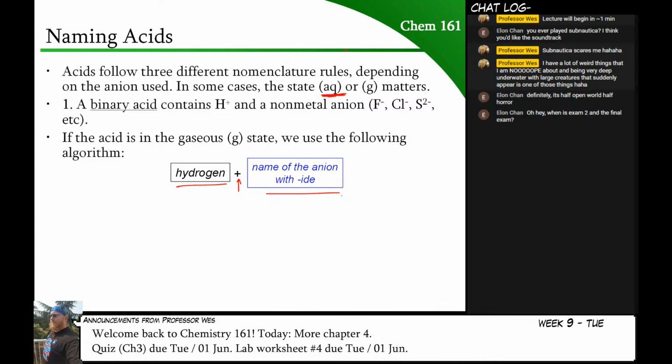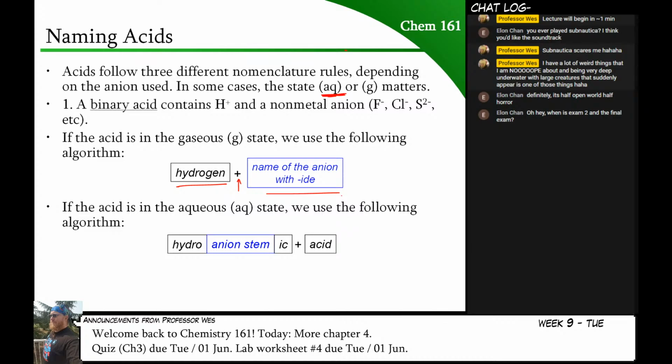So chlorine and hydrogen put together as a gaseous acid would be hydrogen chloride. The reason for this is because in the gas state, acids don't really dissociate as acids. They just act like molecular compounds. They just sort of bonk around and do all sorts of stuff. But the second they enter water, that's when the acid effect happens.